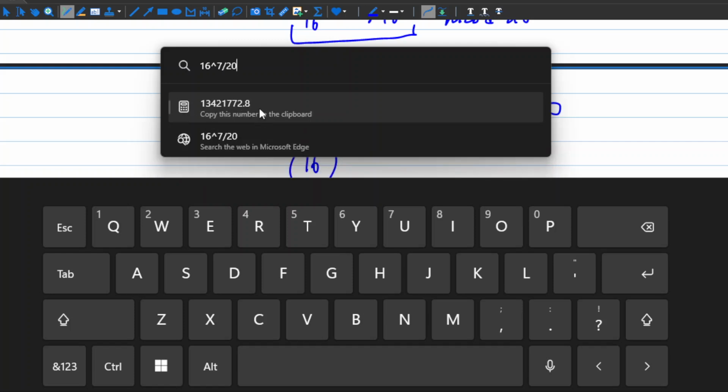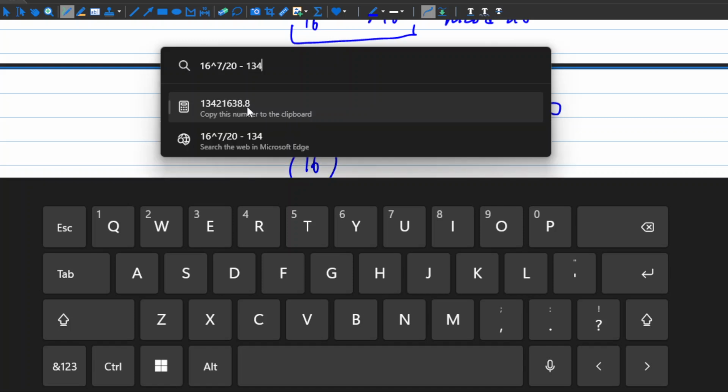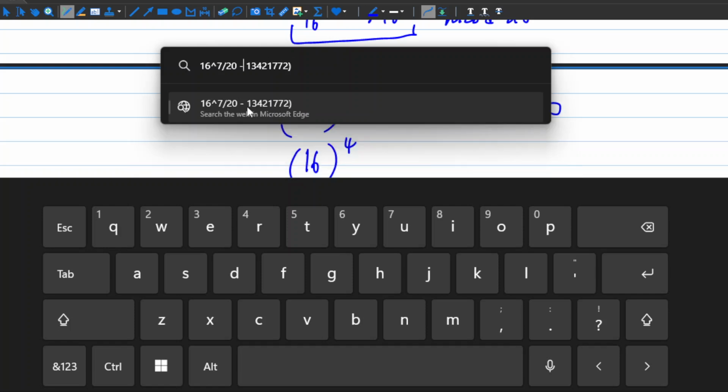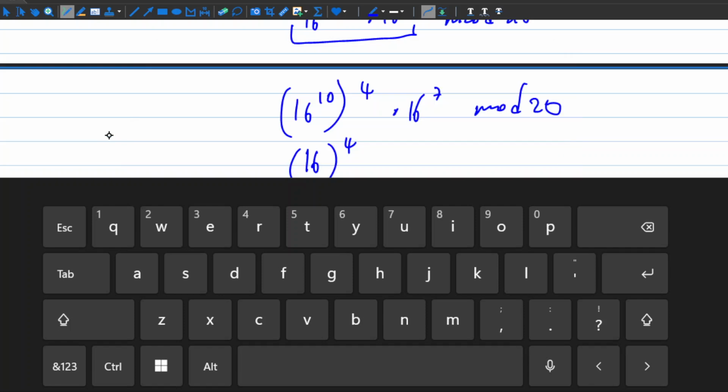So we have that number. So we take note of the number before the decimal. So let me write it down: 1, 3, 4, 2, 1, 3, 2, 1, 7, 7, 2. Okay, it gives me that. So times the mod part, 20, it also gives me 16. So I'll write it here as 16.